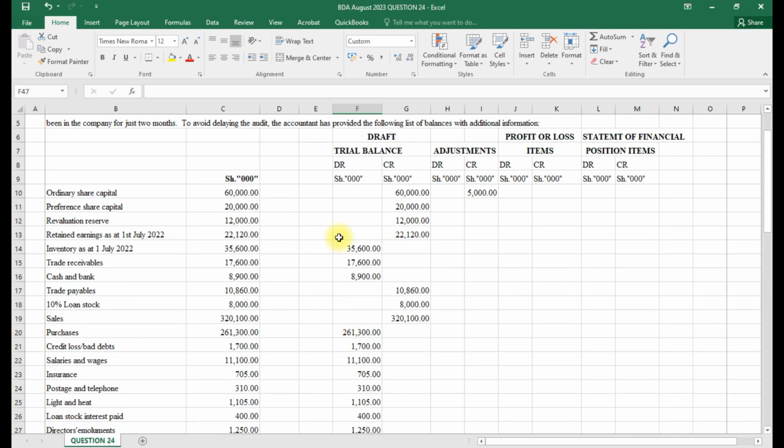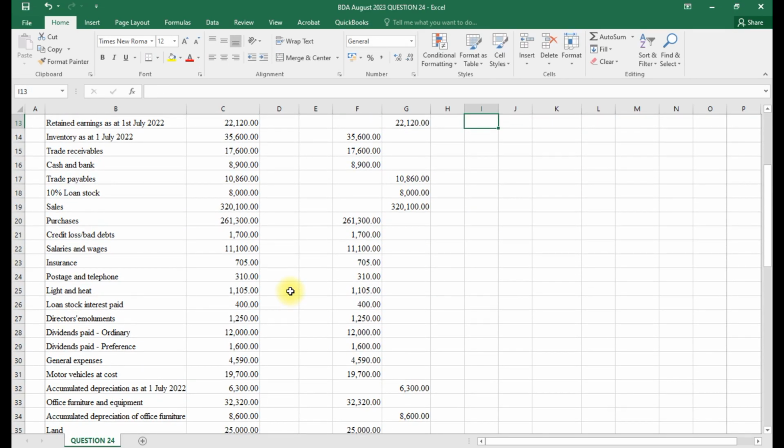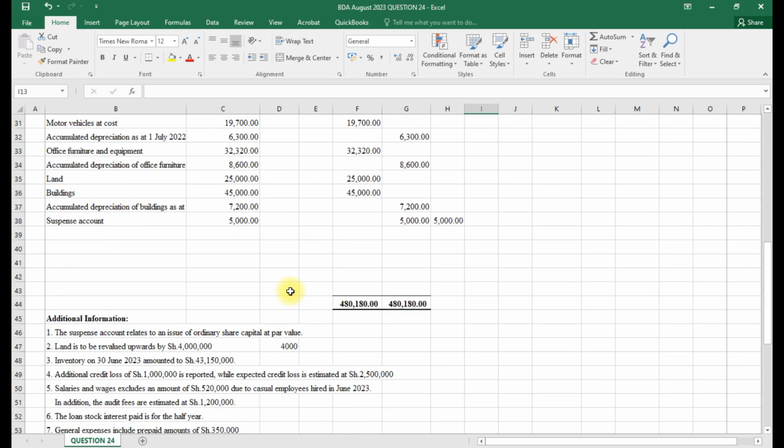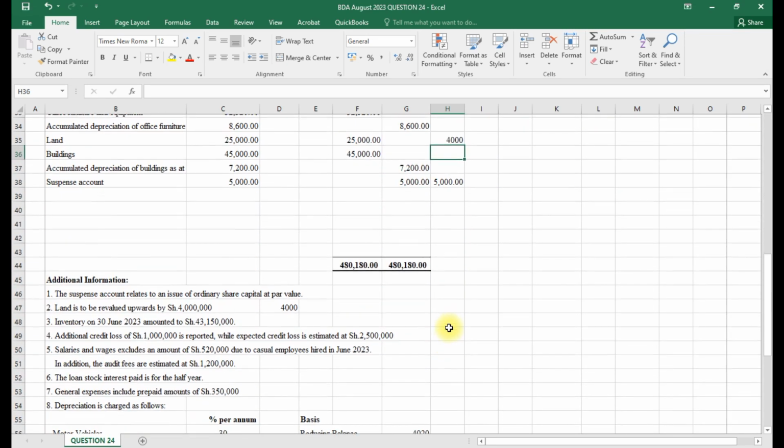So here, revaluation reserve, it will increase by 4,000. And it is land that was revalued. The value of land here, I will come and debit land by the same value of 4,000. The adjustment will feature in the land. Land will be revalued upward.